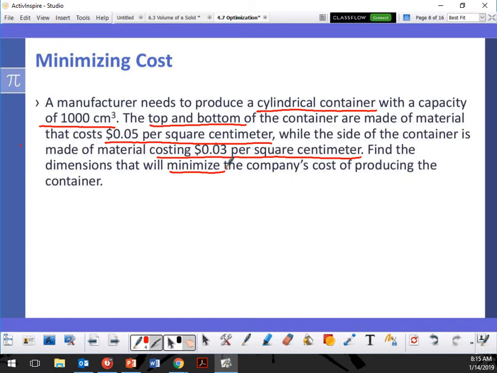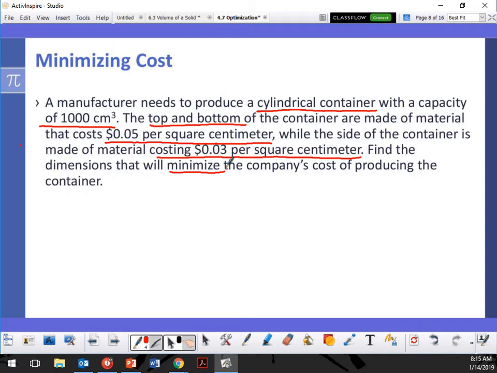So first, since we're talking about a cylindrical container, what formula do I need to talk about? I'm trying to contain, right? So I would be referring to the area, not the volume. But the volume has to equal 1,000, right?